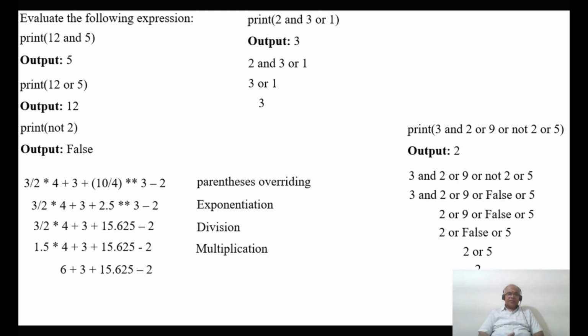Since addition and subtraction have the same precedence, it evaluates from left to right. So addition gives 24.625 - 2, and subtraction gives 22.625 as your final answer. This is how it starts evaluating.